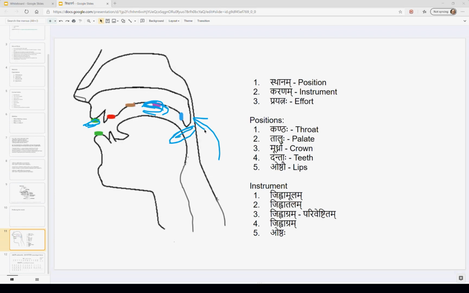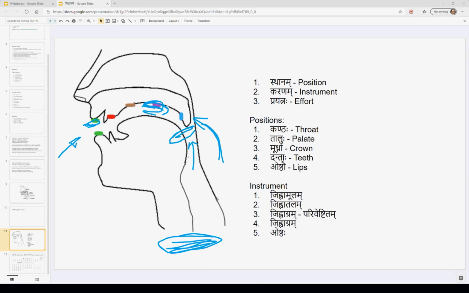So we are moving from back to front. Why are you not moving from front to back? Why is this more logical from back to front? That's the direction of the air. Yes, that is the direction of air. So it is the closest to the position of origin of speech. So that is the sequence followed here.